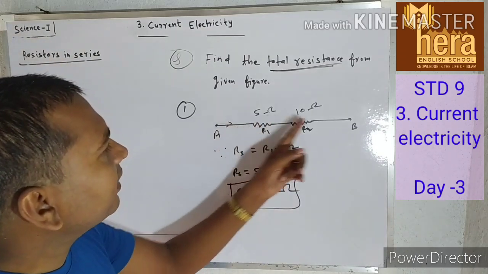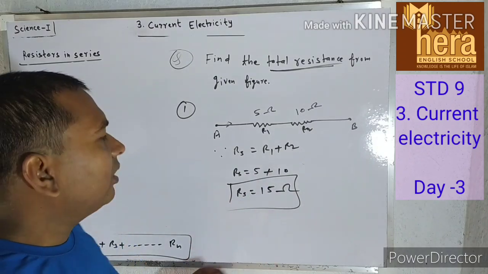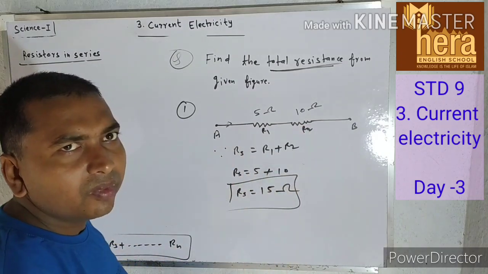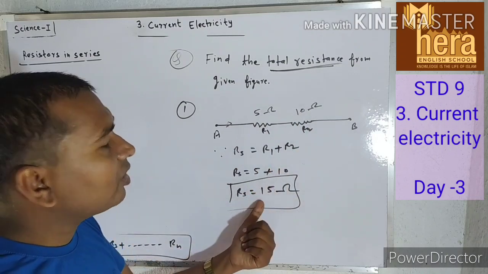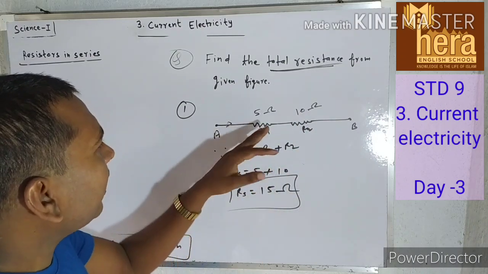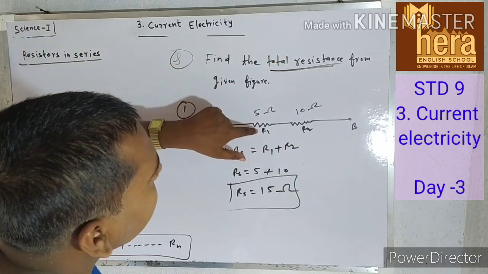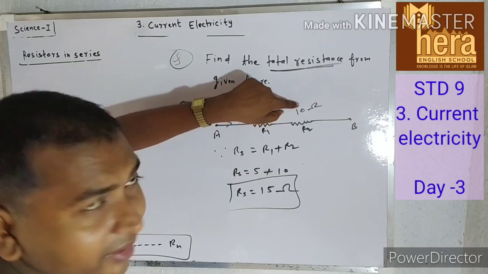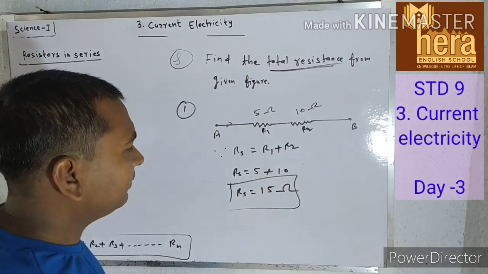Therefore, total resistance is equal to 15 ohm. Effective, equivalent resistance between A and B is equal to 15 ohm. So in case of these two resistors having resistance 5 ohm and 10 ohm, you can connect a single resistance. Means what?